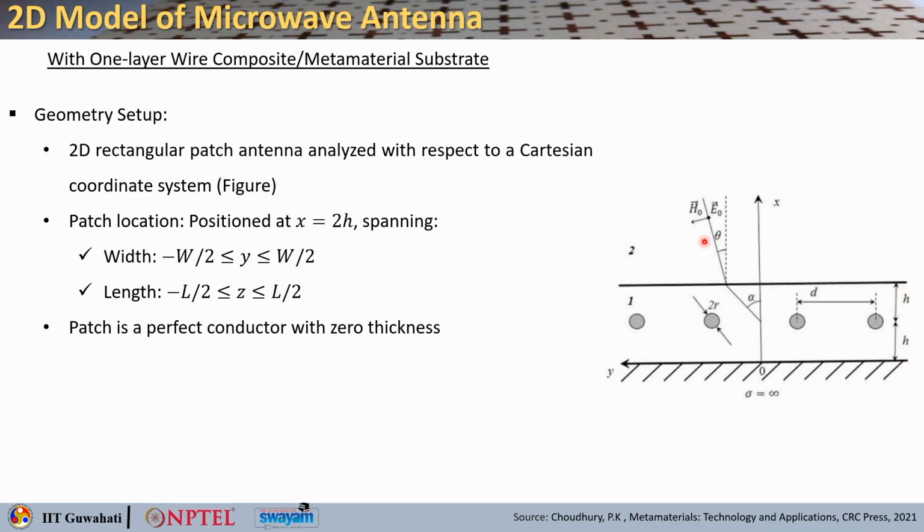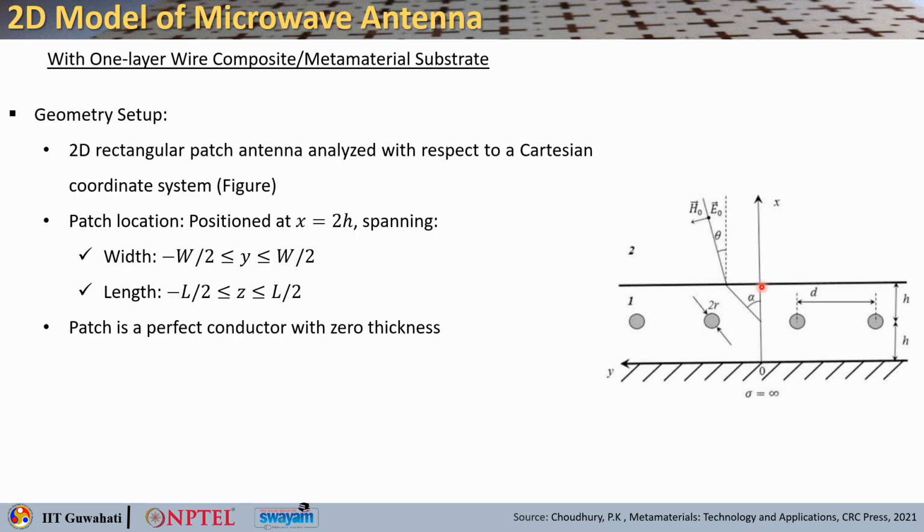Your patch is positioned here, and you are considering the width w, so the y axis ranges from minus w by 2 to w by 2, and the length will be along z, which is into the plane of the screen. The length is from minus l by 2 to plus l by 2. And we are considering the patch as a perfect conductor with 0 thickness.